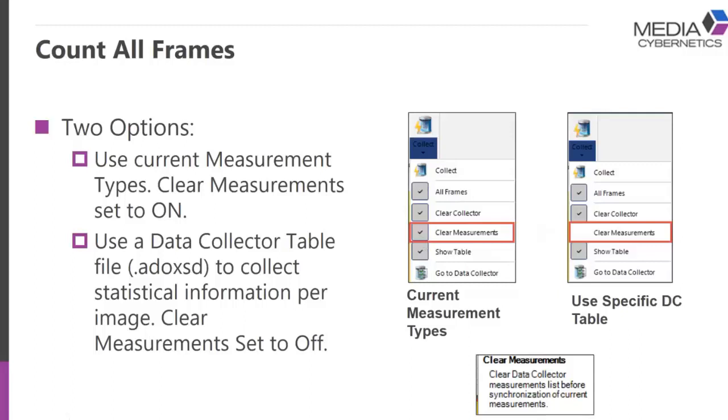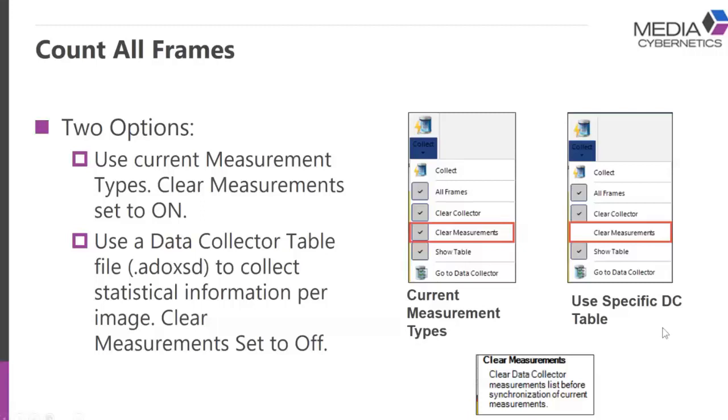It always does a live resync every time I go and count. So it's pulling in active measurement types. That's what this means when this is on. There's a tooltip for each of these. An option, then, show the data table. So this is the first part. If I just want to count all the images and get all the raw data, this will be on, because it will always sync to what the measurement types are live.